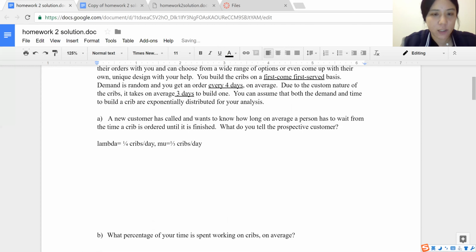And we know how to calculate the average wait time in the system. Average time in system equals 1 over mu minus lambda.